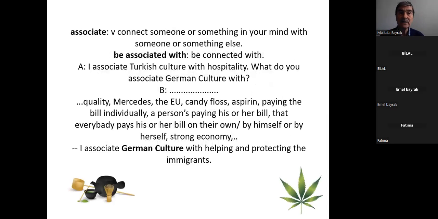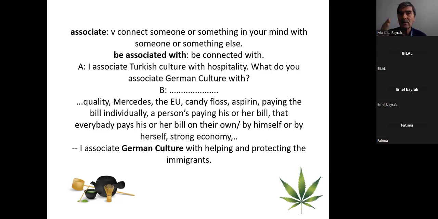Okay, all right. Associate is a very useful word. As a verb, associate means to connect someone or something in your mind with someone or something else. To be associated with means to be connected with. For example, an English person made this sentence while we were talking about cultures: I associate Turkish culture with hospitality.